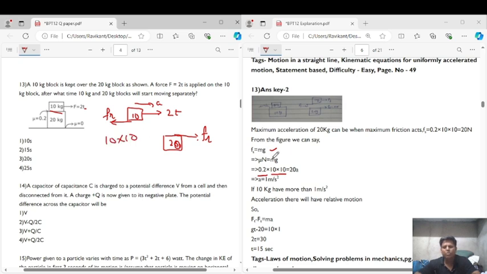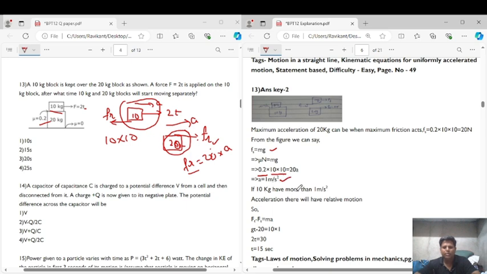So mu into N, where mu is given as 0.2, gives 0.2 into 10 into 10, with 10 being the acceleration due to gravity, and this equals 20 into A. We got the value of friction, and the 20 kg block is moving with acceleration A. So from the perspective of the 10 kg block, we calculate friction as mu into mg, which equals the force on the 20 kg block, that is 20 into A. So A equals 1 meter per second square, right?